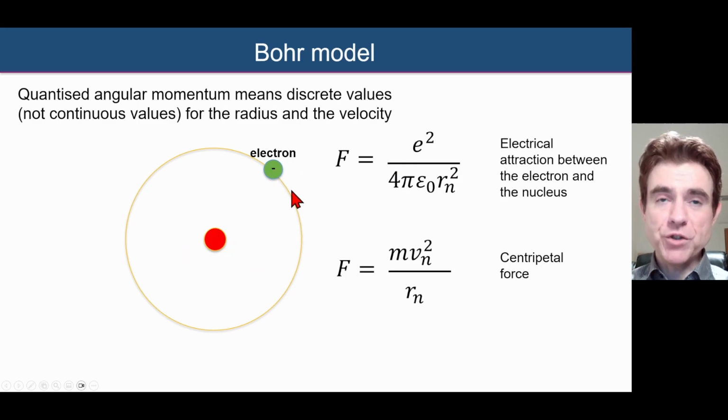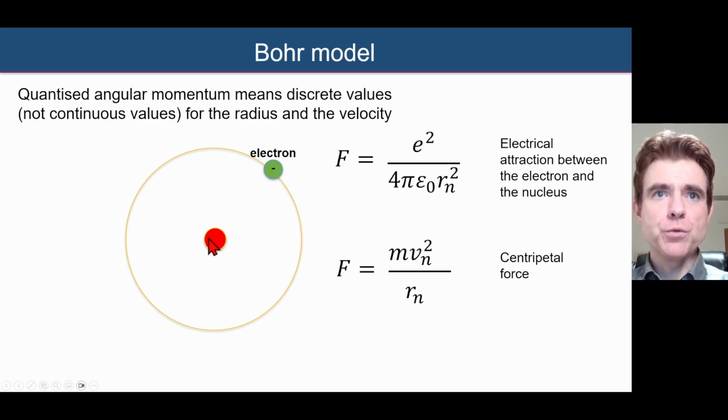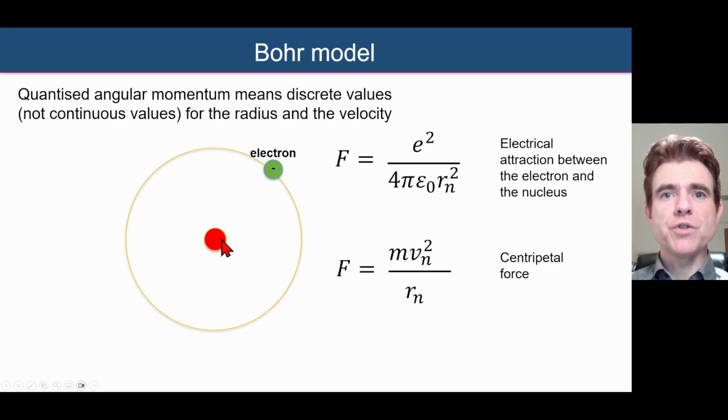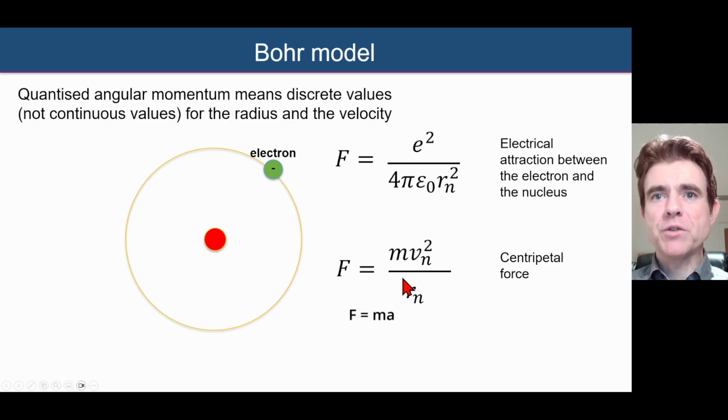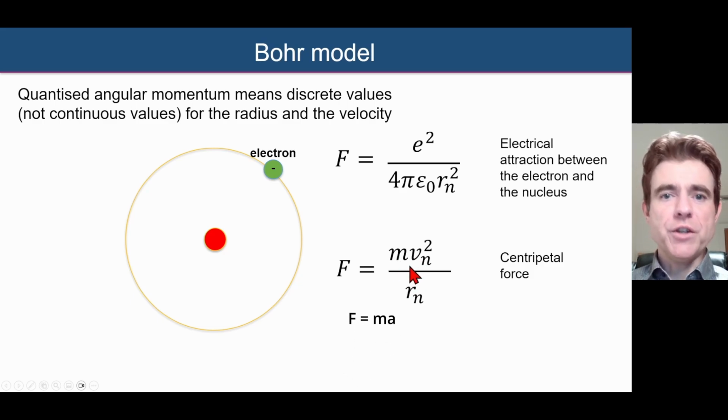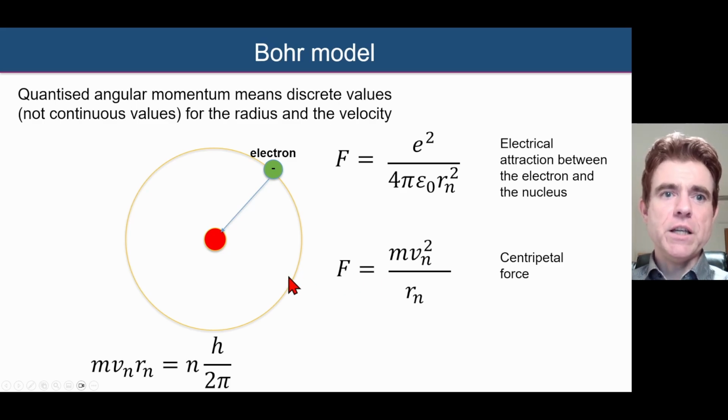Then we also know by circular motion that the force towards the center of this circular motion must be mass times acceleration, and the acceleration in circular motion is v squared over r. So therefore, the force towards the center, the centripetal, the center-seeking force, is mv squared over r. Then, of course, we have the postulate from Bohr, and we'll see in another video where that comes from.